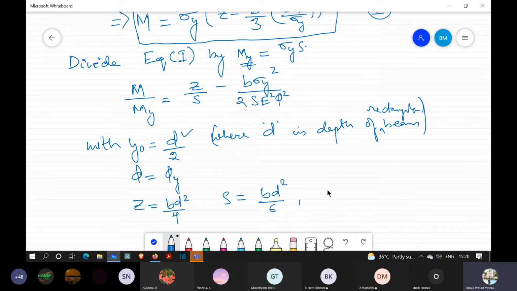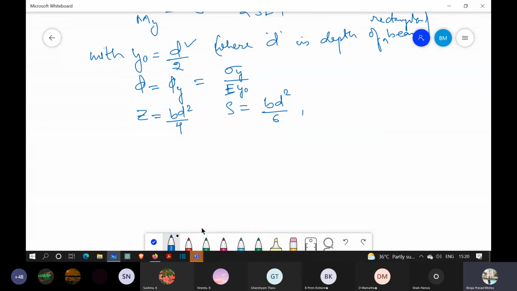And this phi equals phi y we have taken, so that equals sigma y by E into y0.